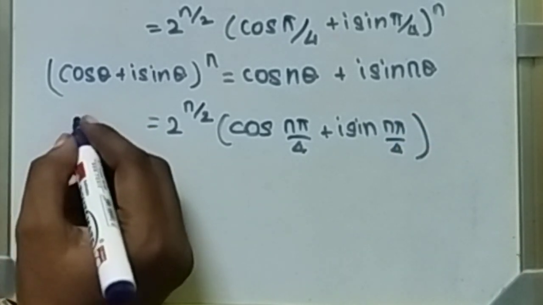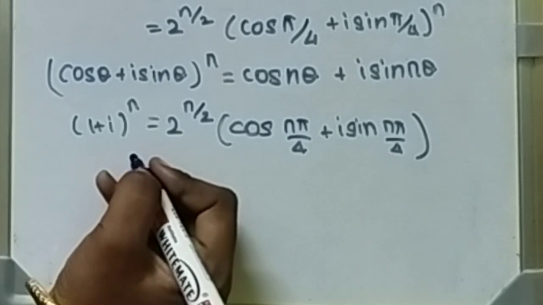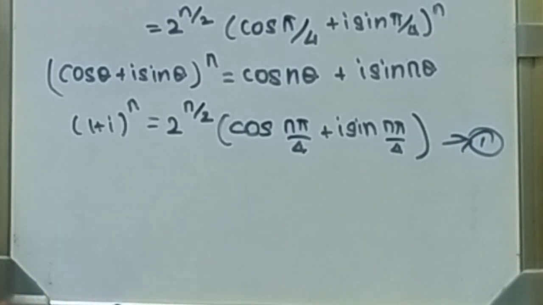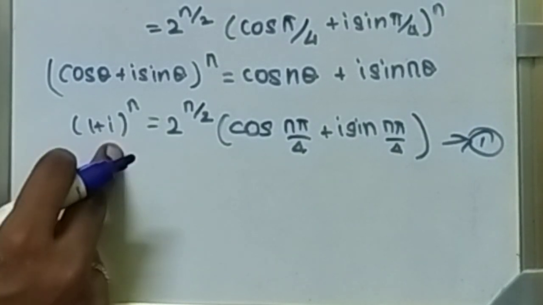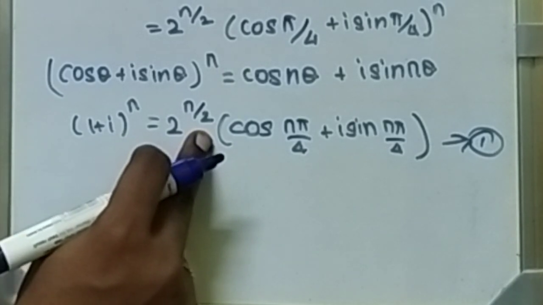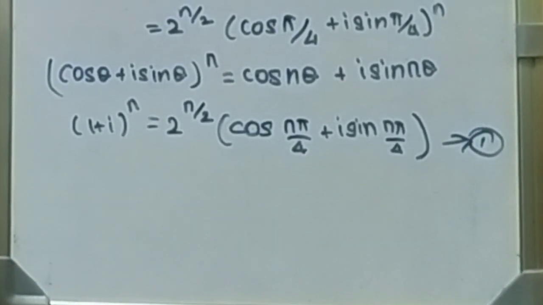Clear? This is the value of 1 plus i power n. I am going to name it as 1. So now the value of 1 plus i the whole power n is 2 power n by 2 cos n pi by 4 plus i sin n pi by 4.